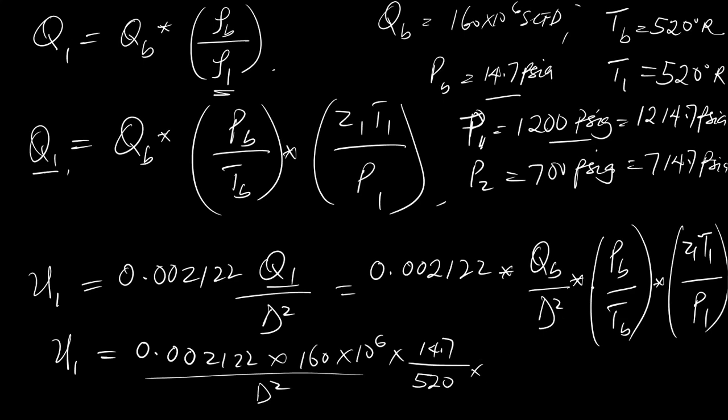Now we have Z, which is 0.95, times T1, which is 520, divided by P1, which is 1214.7 psia.